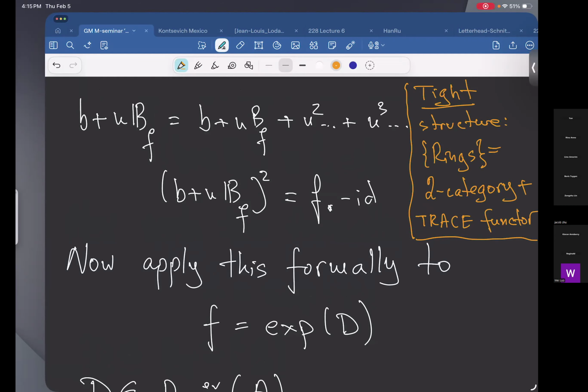One way to say that it's a tight structure is that rings, as we know, form a 2 category. And if you do it at some derived, higher or p-adic level, it is basically the Deligne conjecture in some sense, or the Eckmann-Hilton principle, I don't know. And if you include chains, it's not just a 2 category, it's a 2 category with a trace functor up to all higher homotopies. And however you formulate it, you get those conditions.